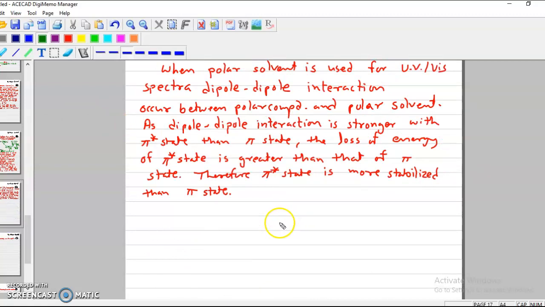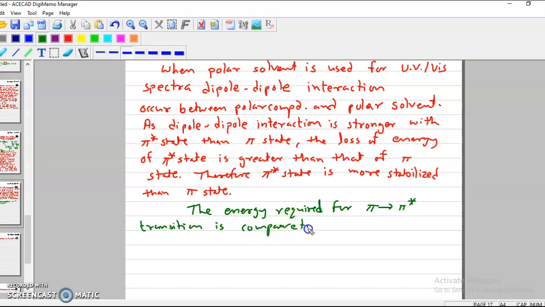So we can say that the energy required for pi to pi star transition is comparatively low.